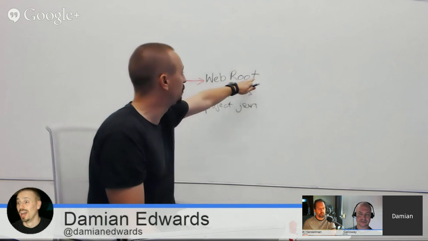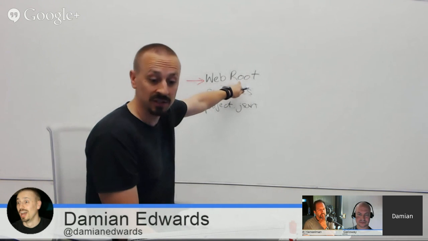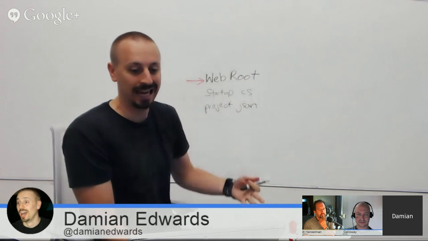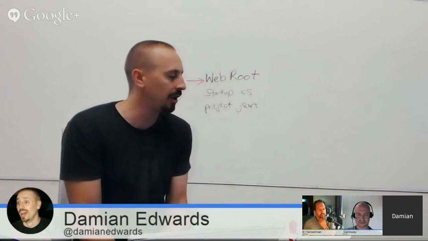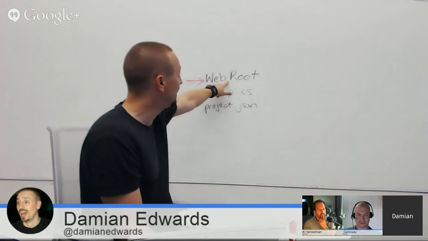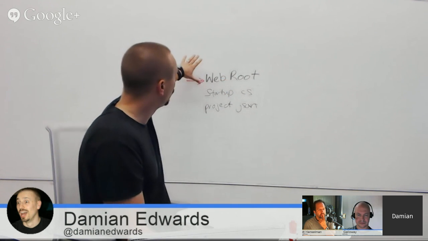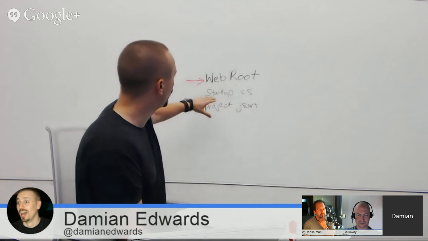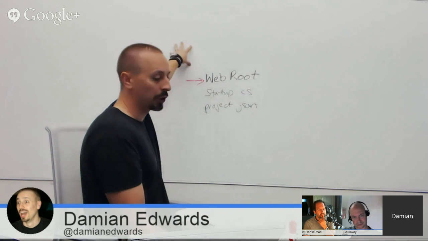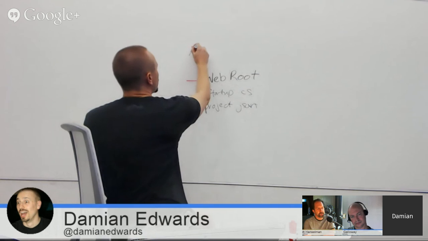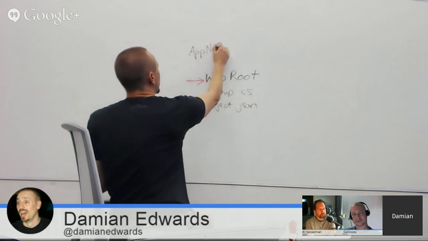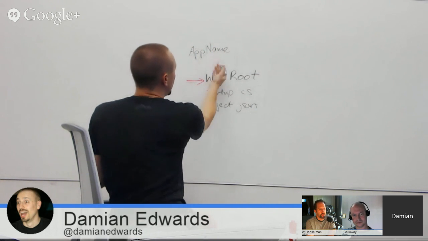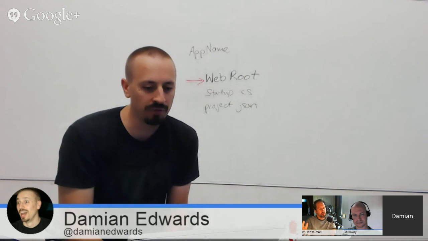So, for example, favicon.ico would be inside the webroot folder. And if you had an index.html file, a static file, or you had CSS files, they'll be inside this folder. But from an ASP.NET vNext project point of view, the root of that would be the folder above that. So I would have a folder here which is like, app name. So that's my project, and then these are children of that folder.